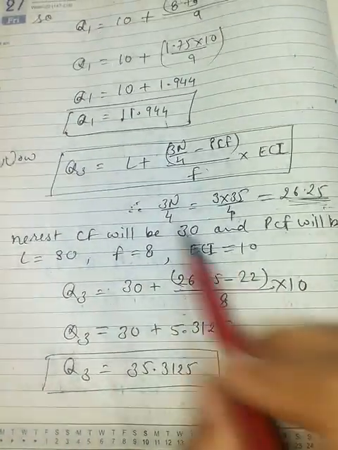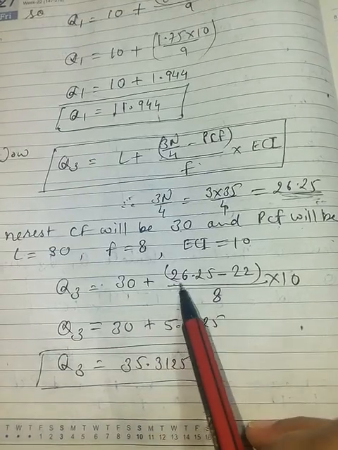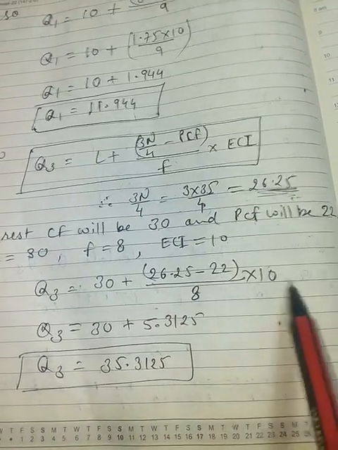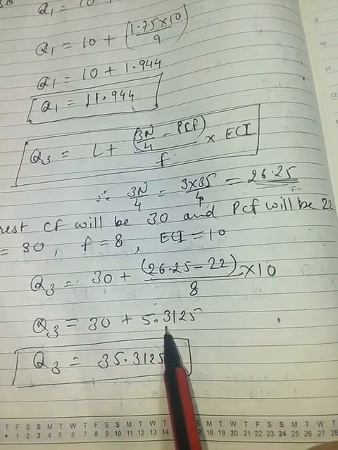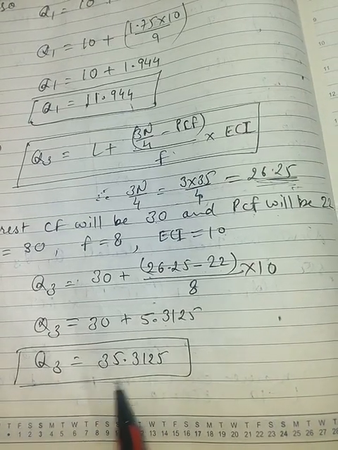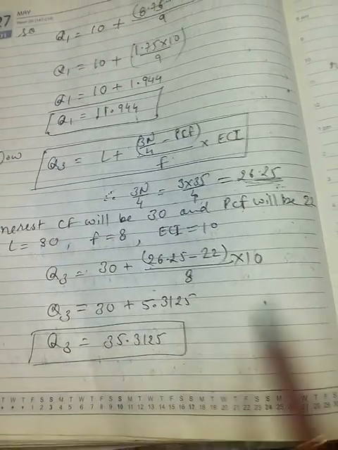I will substitute all these values in the formula. So Q3 will be 30 plus 26.25 minus 22 divided by 8 multiplied by 10. So Q3 will be 30 plus 5.3125, so Q3 is equal to 35.3125. So this is your third quartile.